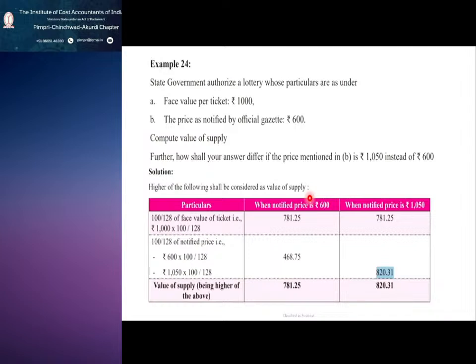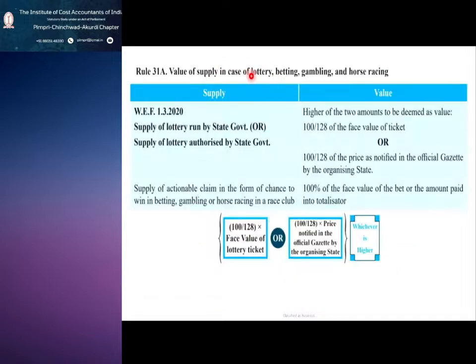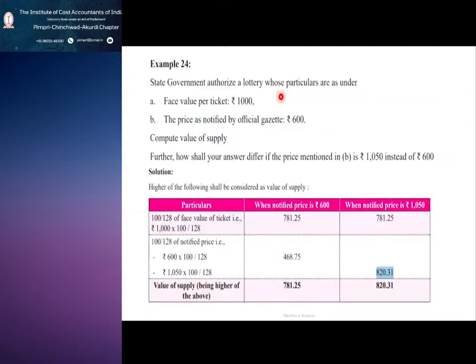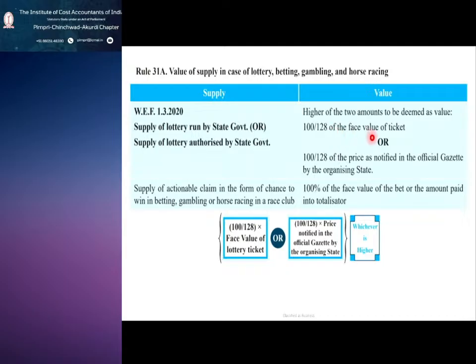Now we know the thumb rule for calculating the value of supply in case of lottery and betting. The state government authorizes a lottery and the face value per ticket is 1000. So we take 100 by 128 of the face value of the ticket or of the price notified in the official gazette.